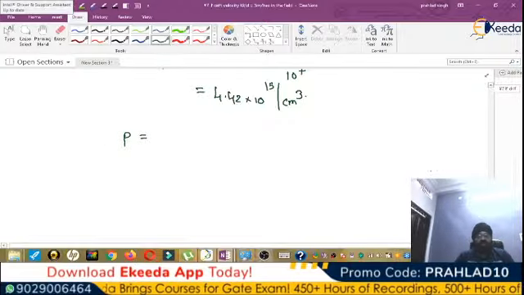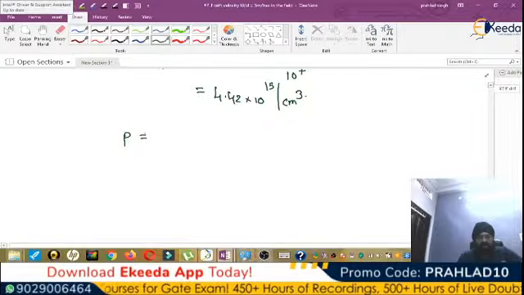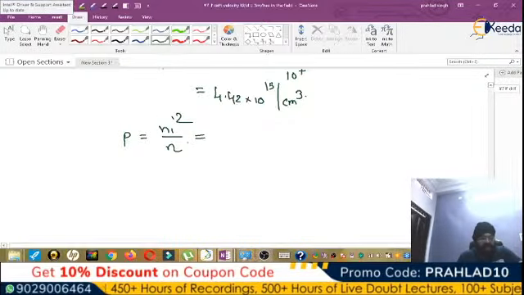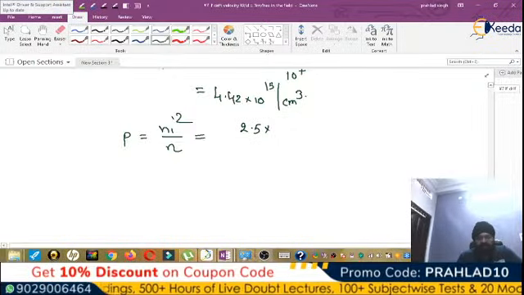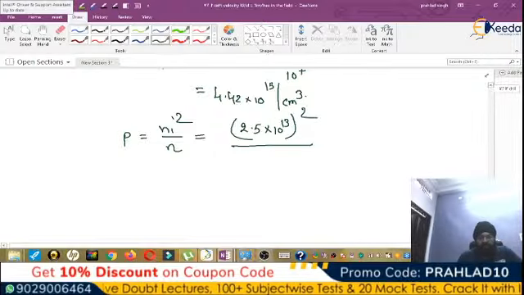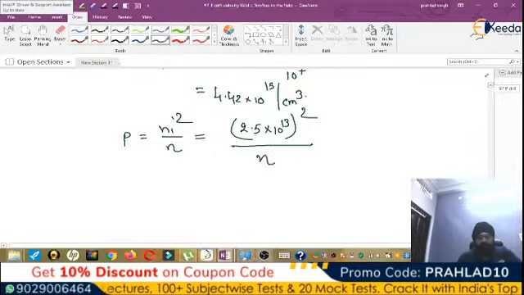So the hole concentration p is equal to Ni square by n. Ni is given as 2.5 into 10 to the power 13, whole square, by n.